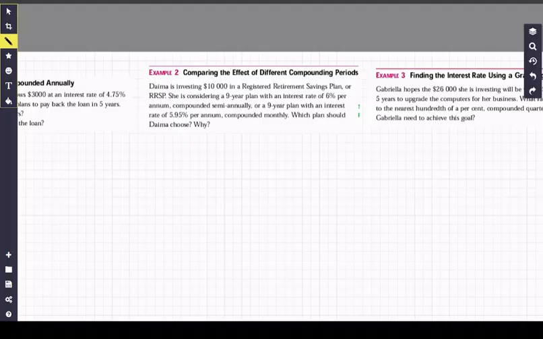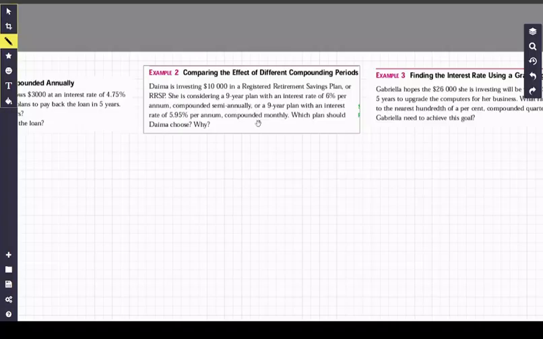Which plan should she choose, and why? This one is basically comparing the effect of different compounding periods. This leads us to our first derivation of our formula.